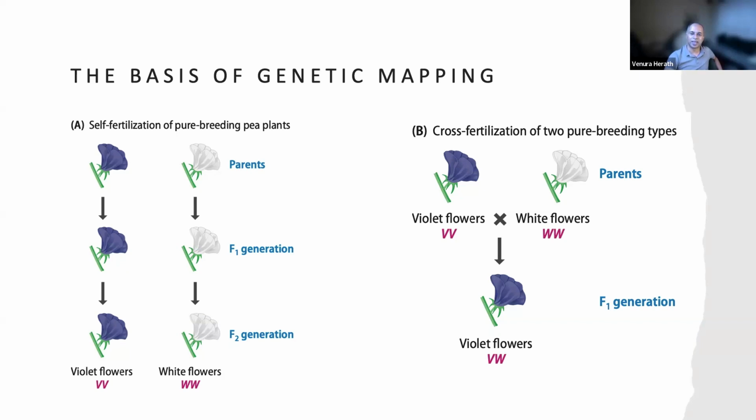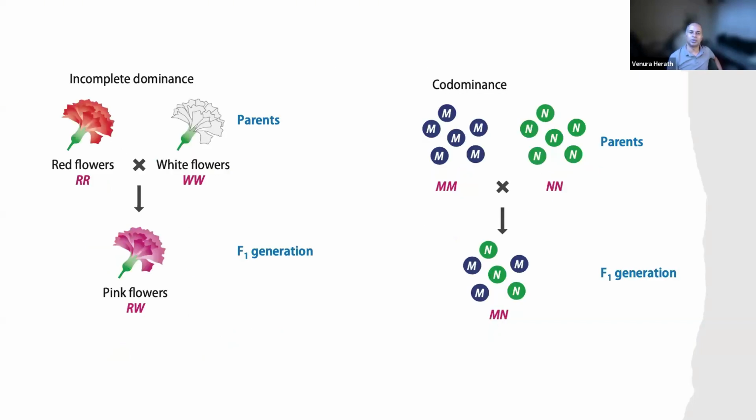But in reality, there are a lot of different possible scenarios. To give you two examples, one is incomplete dominance, where it's going to give an intermediate phenotype compared to the parental phenotype. And sometimes there can be codominance, which means they express both alleles.